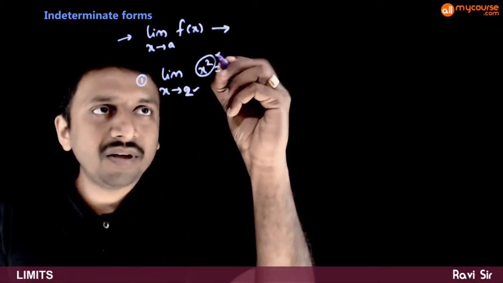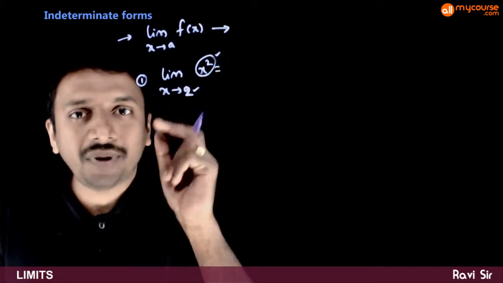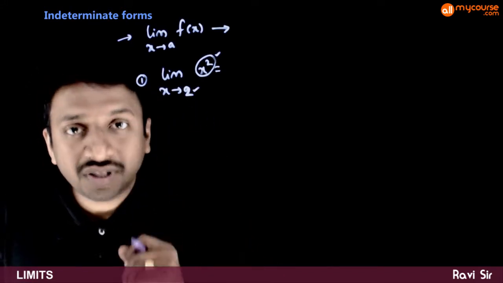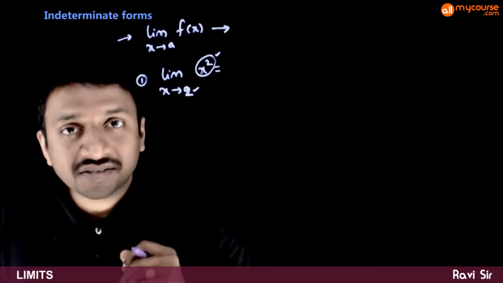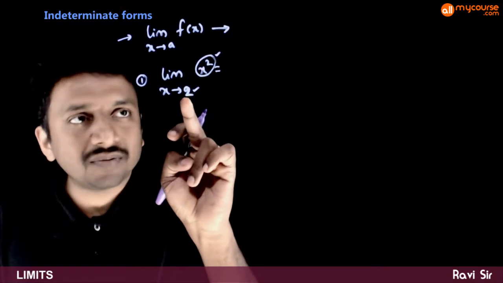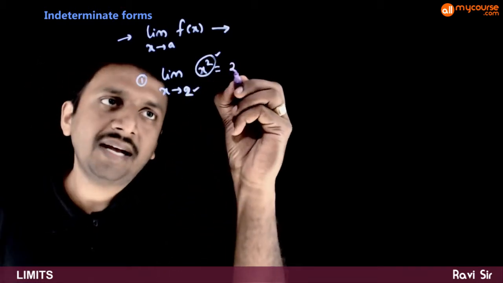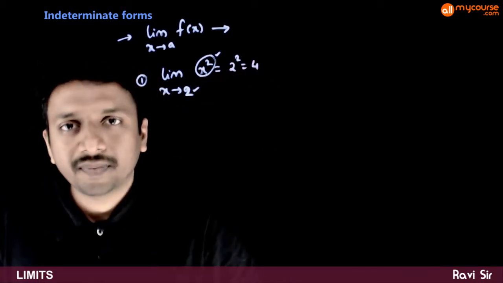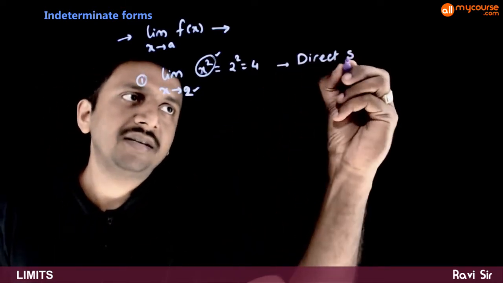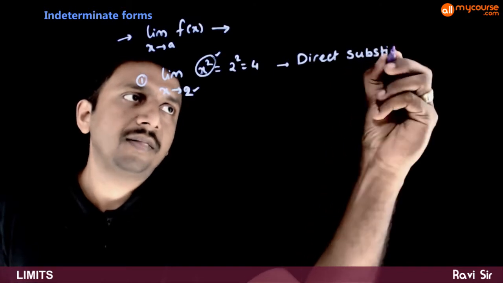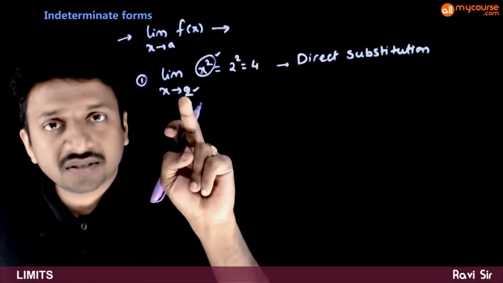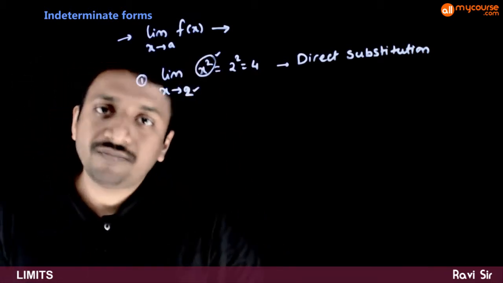If the given function does not have any complications, that means any jumps, discontinuities or undefinedness at the given point, you can directly substitute this value in the function and get the answer. This method is called the method of direct substitution.